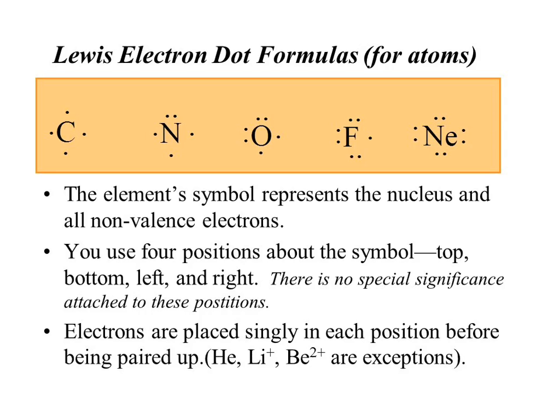As we draw the symbol for the element, think of that symbol as being the nucleus of the atom and the non-valence electrons of that atom. One of the things we talked about before is that you know the number of valence electrons an atom has if you look at its group number, using the old convention. So for instance, carbon is Roman numeral 4A. It has 4 valence electrons.